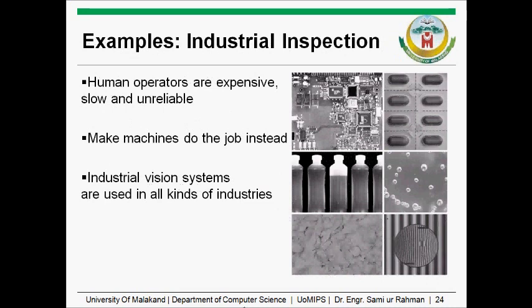In industry there are a lot of uses. I said earlier in my talk that for checking and for observation, you can use computer vision. This is not image processing, this is computer vision, but actually the base is image processing. You have to apply image processing techniques for computer vision.